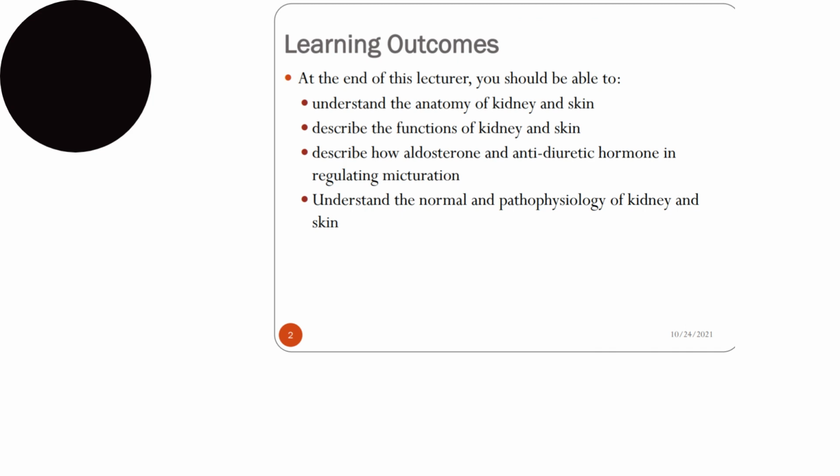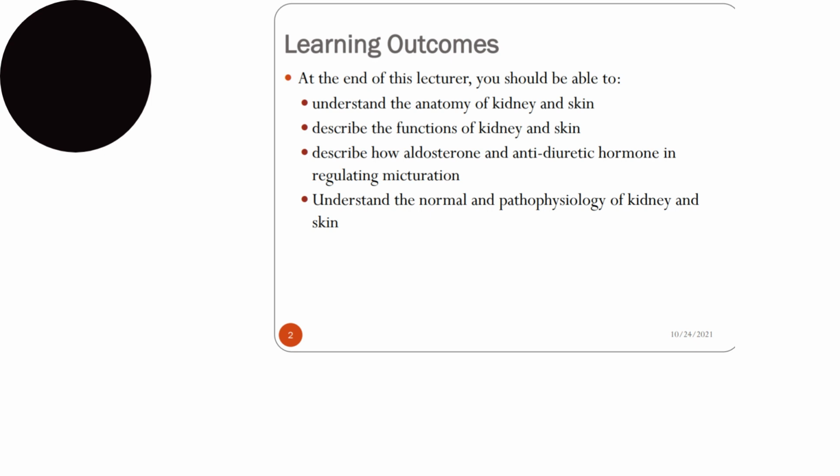So for this topic, it is hoped that you are able to understand both the anatomy of kidney and skin, followed by the physiology of kidney and skin, the function of both organs in the human body.